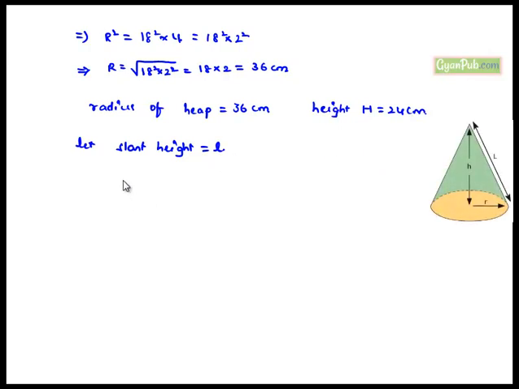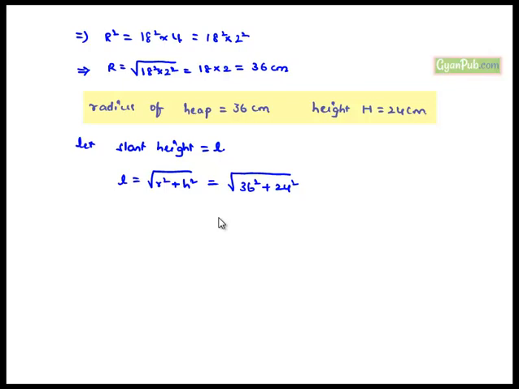As it is in the form of a cone, we know that slant height L is equal to square root of r square plus h square, that is equal to square root of 36 square plus 24 square. From these two we can take 4 square as common, then it will be 9 square plus 6 square, that is equal to square root of 4 square into, from these two again we can take 3 square common, 3 square plus 2 square.